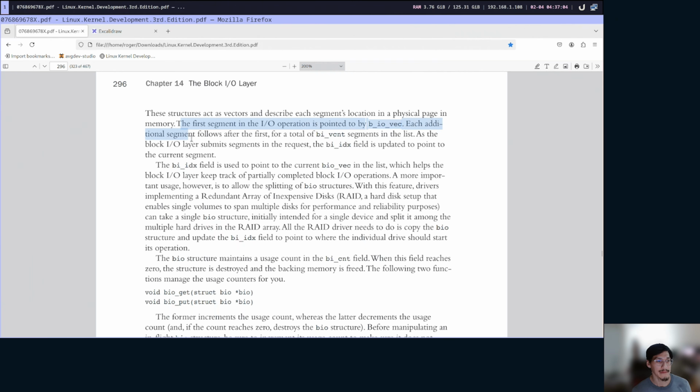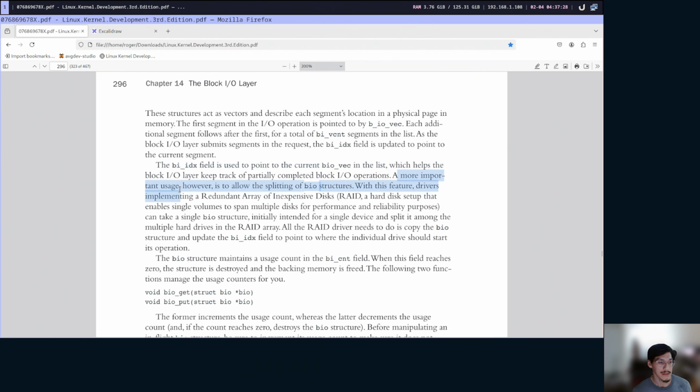Each additional segment follows after the first for the total of bi_vcnt segments in the list. As the block I/O layer submits segments in the request, the bi_idx field is updated to point to the current segment. The bi_idx field is used to point to the current bio_vec in the list, which helps the block I/O layer keep track of partially completed block I/O operations.